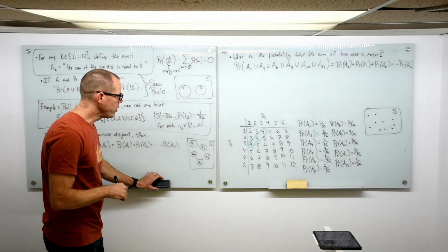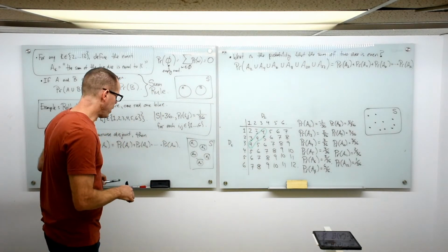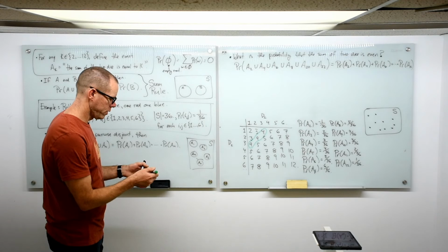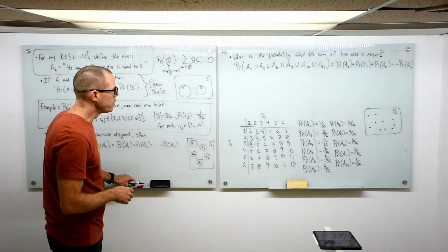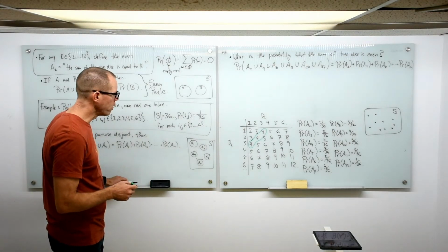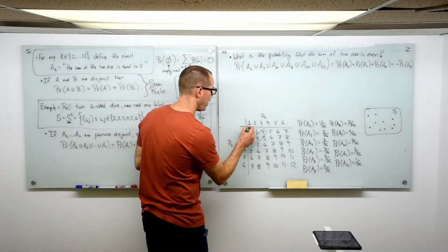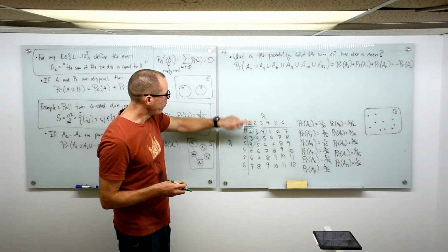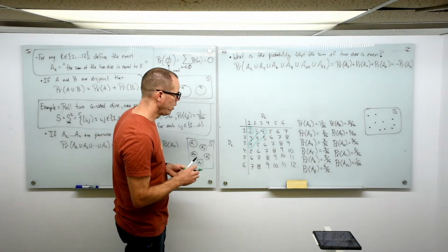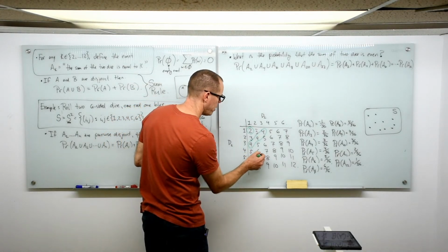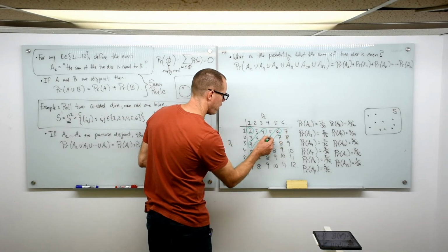Why are we allowed to use the sum rule? Well, let's just look at those sets. We can draw them here. Here's the set A2. What's A4? Well, there's the set A4. What's A6? There's the set A6.